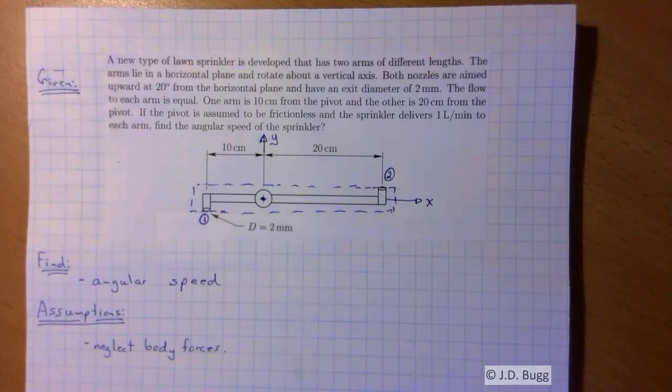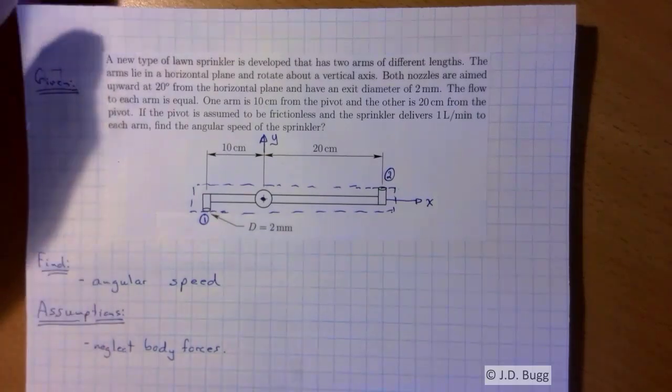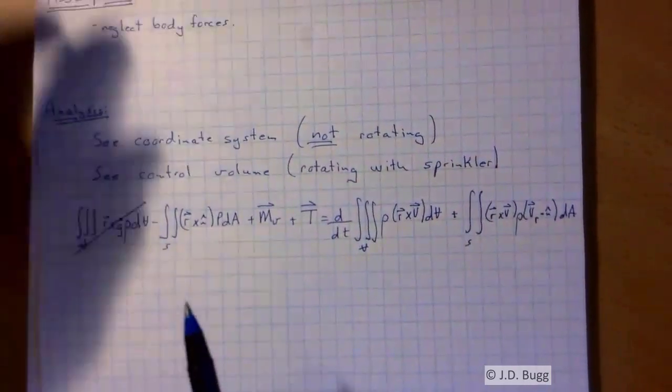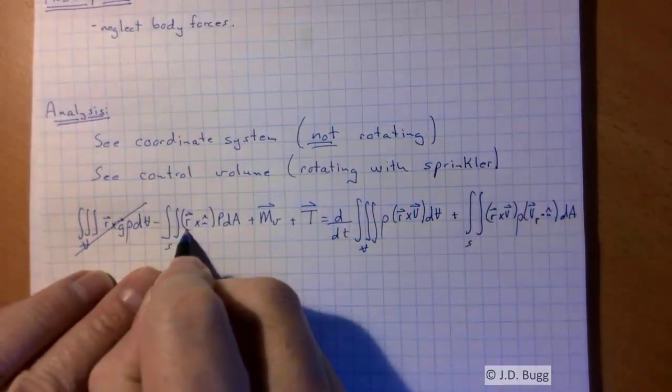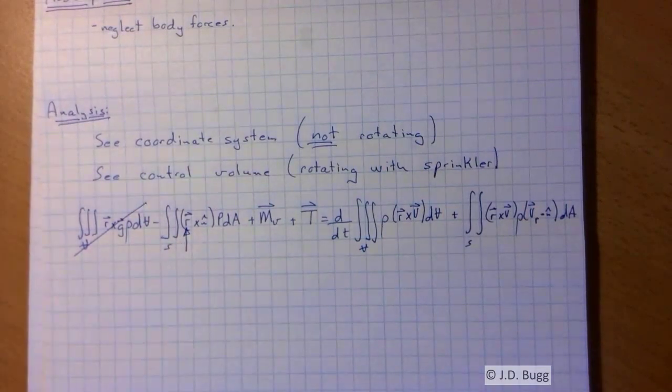So technically, there is a spot on this control surface where the pressure is higher than atmospheric pressure. But I want to show you something that happens when we're dealing with conservation of angular momentum. We need to remember this term right here, that we're not actually talking about the pressure force, we're talking about the moment created around the origin from the pressure force.